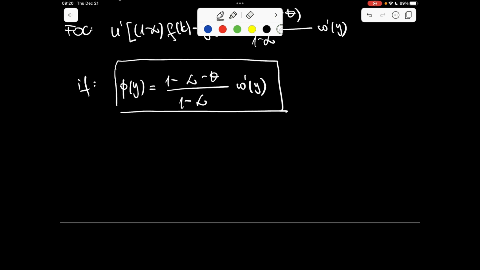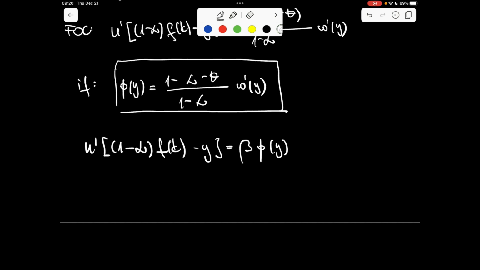Okay, so in this case, we trivially have this form of the equation on this basis, which is the first order condition of the undistorted economy.